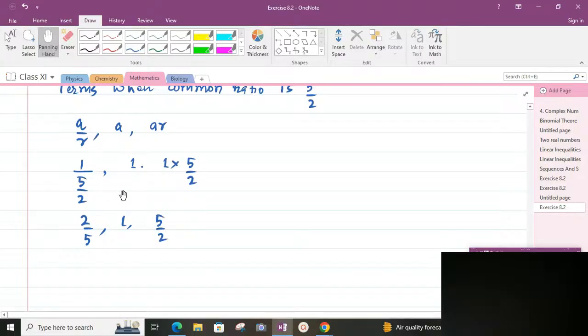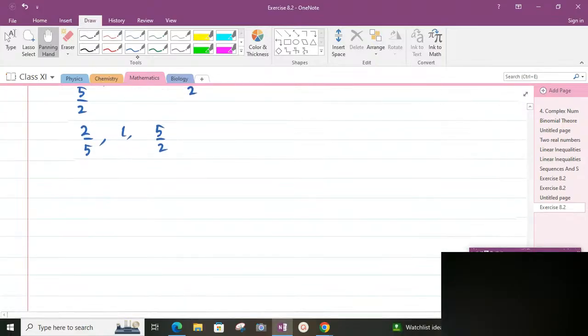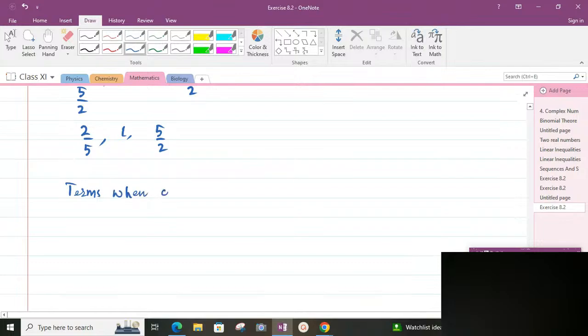Terms when common ratio is 2 by 5. When r is 2 by 5, then here will be a by r, a and ar.